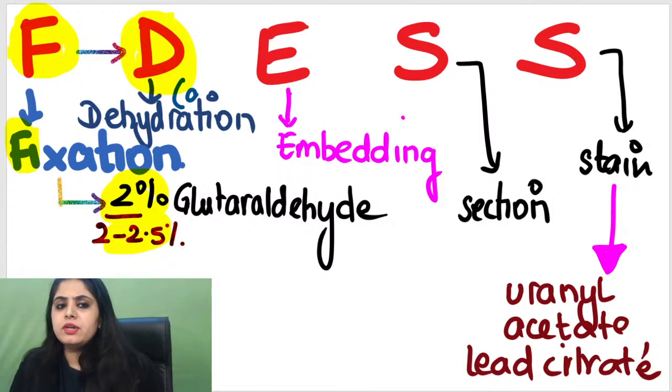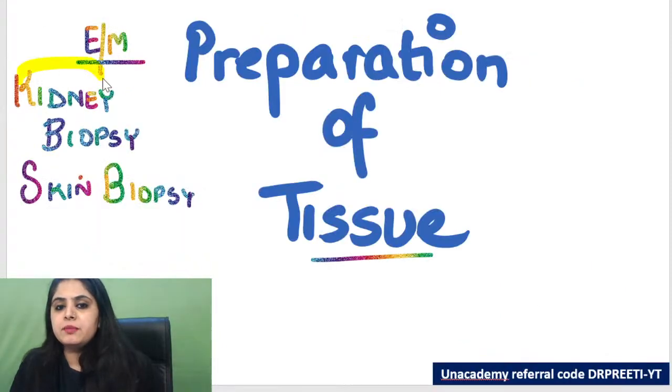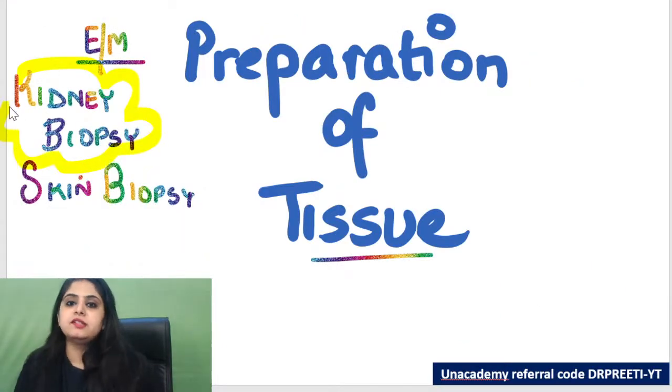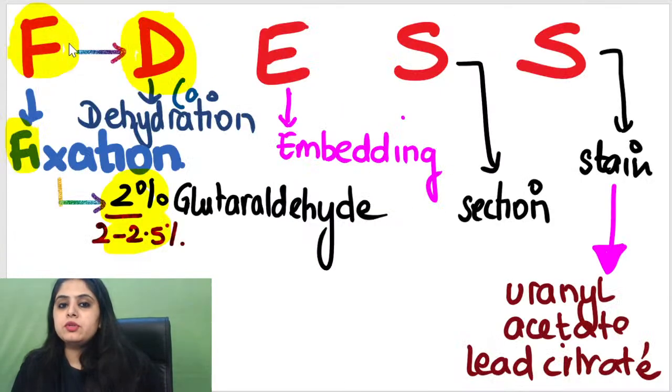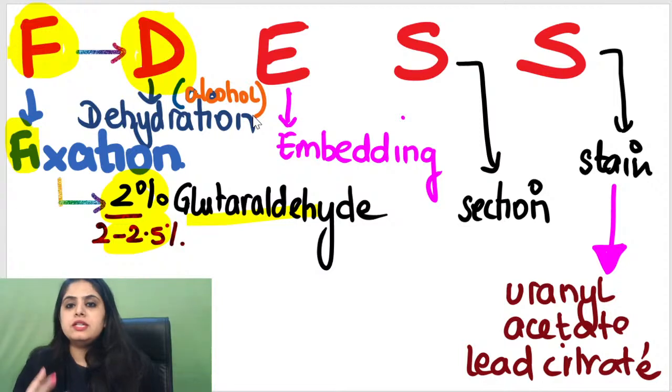Let's take the example I gave you. Let us say I have a patient and his kidney biopsy has come to me. First I put the kidney biopsy in which solution? Fixation, glutaraldehyde. After that I take out all the water. So which solution will I put it in? For taking out all the water, I can use alcohol. So dehydration by alcohol. After that, I embed it. You'll ask me, ma'am, what is this embedding?